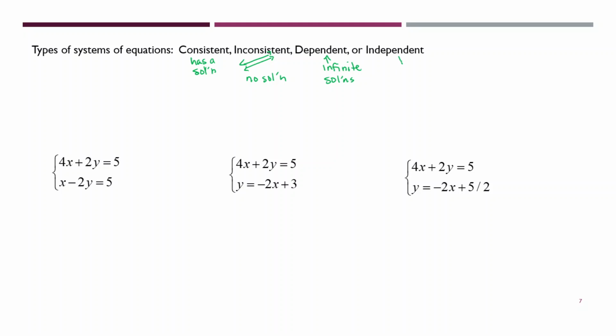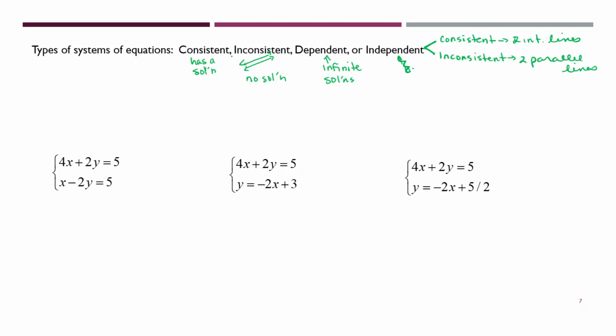And independent are going to be two separate lines, and we can be either independent, consistent, which would mean two intersecting lines, or we can be inconsistent, which means we get two parallel lines.